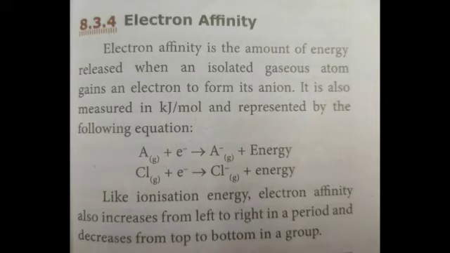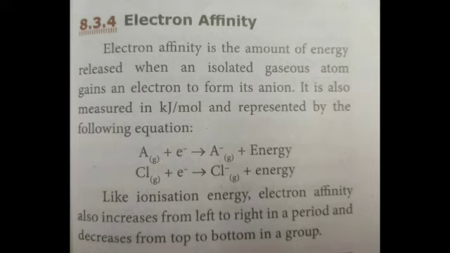Next we move on to electron affinity. Electron affinity is the amount of energy released when an isolated gaseous atom gains an electron to form its anion. It is also measured in kJ per mole and represented by the following equation. A plus electron gives A minus plus energy. Cl plus electron gives Cl minus plus energy.